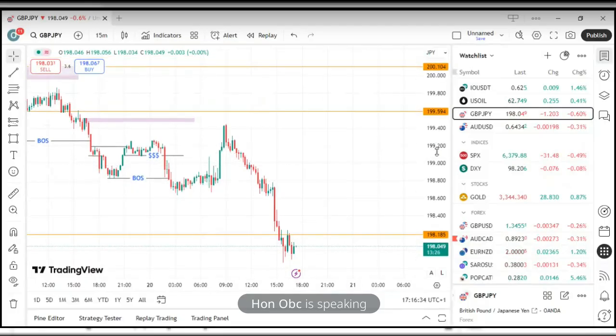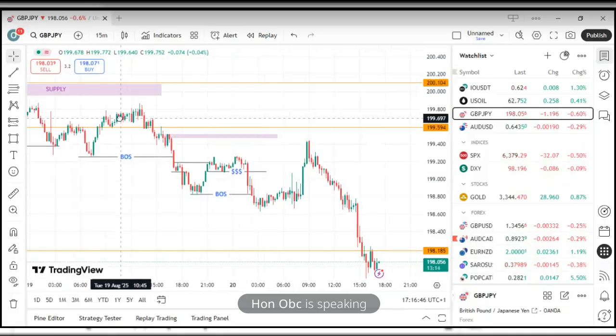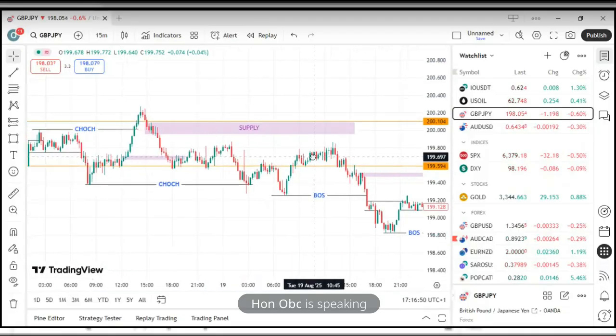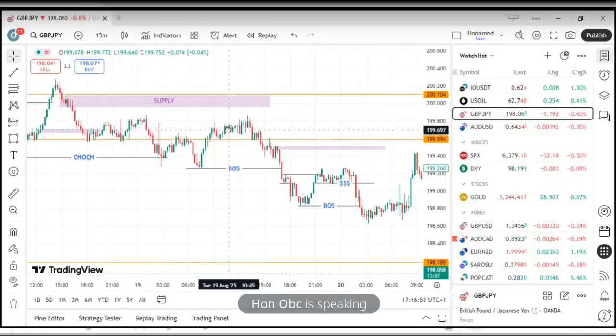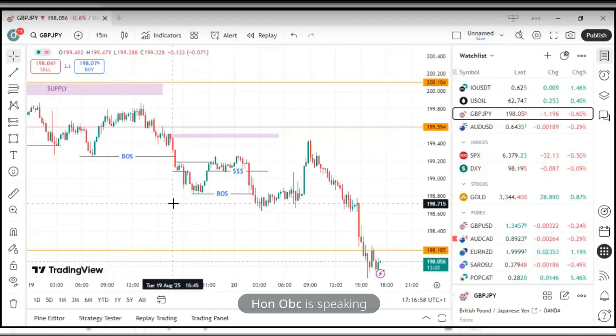There are other areas that we can consider majorly as liquidity areas while trading the chart. You can see I'm on the 15 minutes chart, and this market is going to the downside. Now, someone can say, what of here?